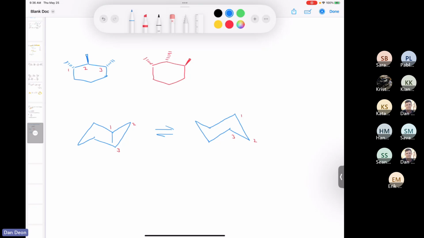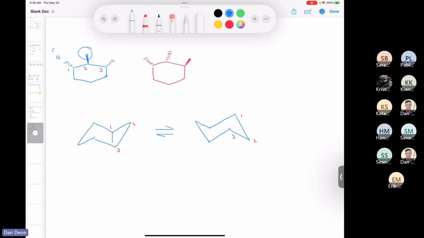So that means that this methyl group, should it be pointing up an equatorial or up an axial? The one I have in the blue circle. And it's not a trick question. So if this one is down an axial, the next one is going to be up an axial.